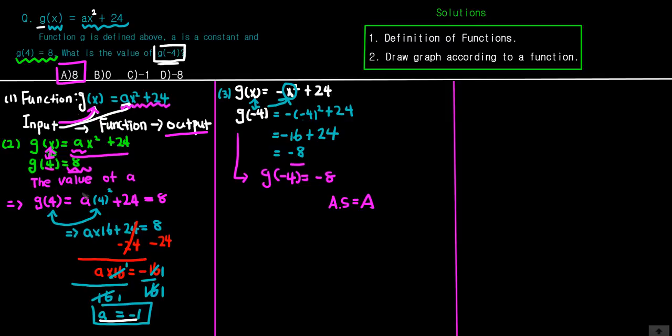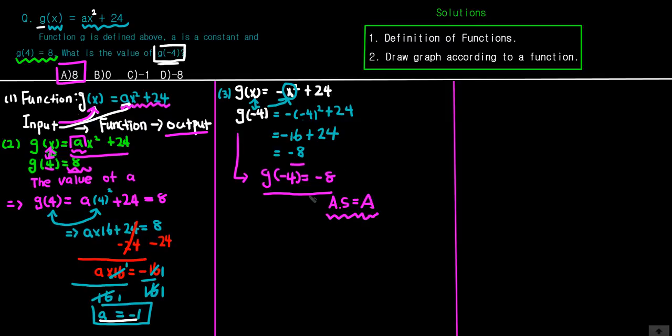And in the second step, all we did is we found the value of a missing variable in order to make this equation easier to solve for this question. And in the third step, we found the value of g of negative 4, which is negative 8 in this case. And our answer for this question is A.